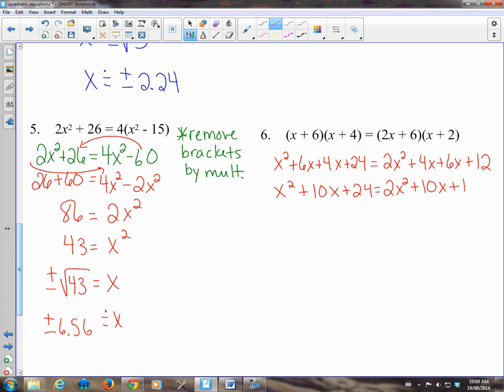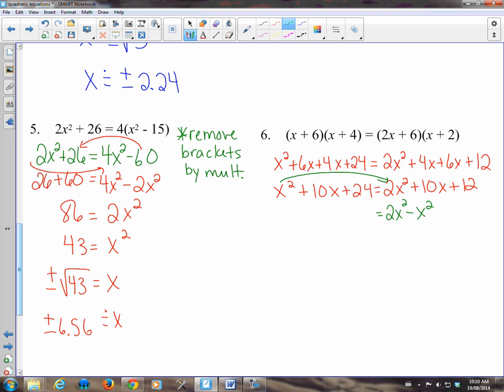Now, this one has an x term. Well, let's keep collecting our like terms and see what happens. Put them together. So if I put my x squareds together, I'm going to have 2x squared minus x squared.